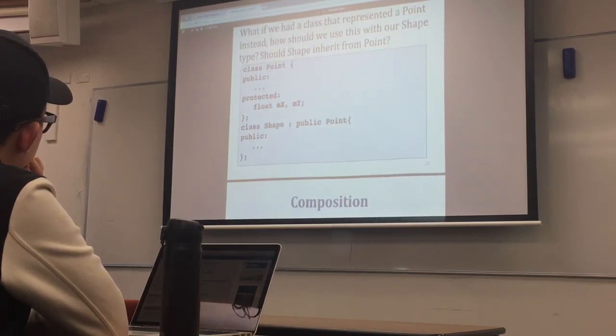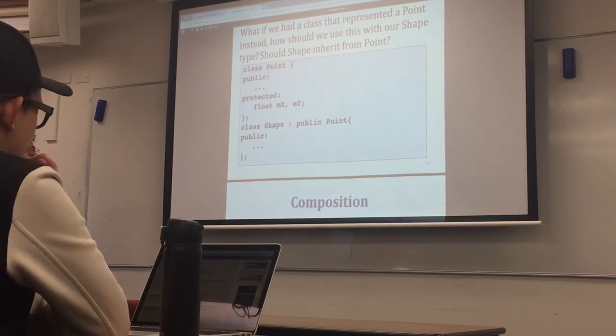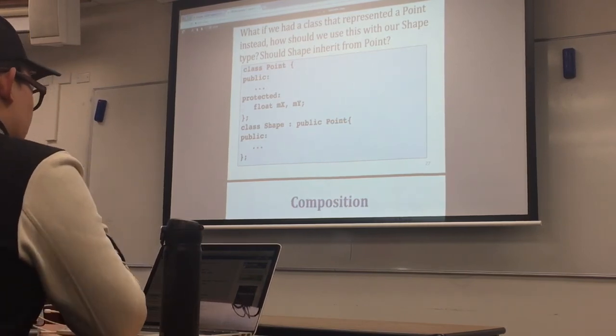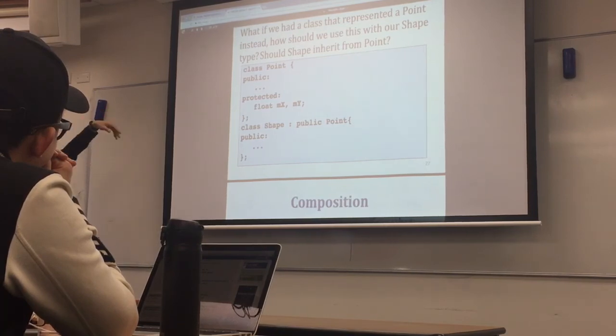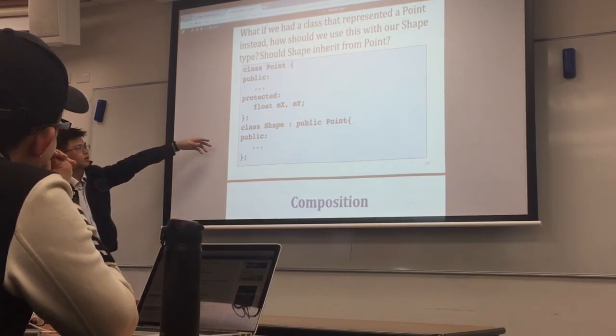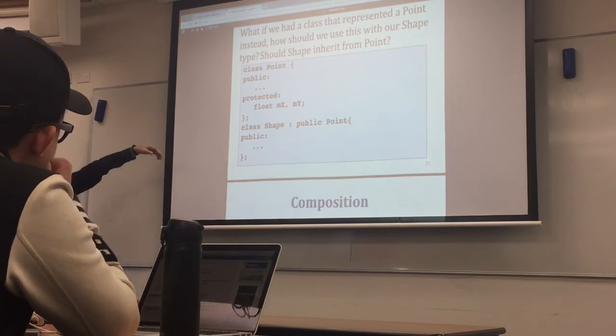In this case, you have the opposite problem, right? You have two classes that sort of have the same variables. Class point has two variables, mx and my. Class shape also has two variables, mx and my.